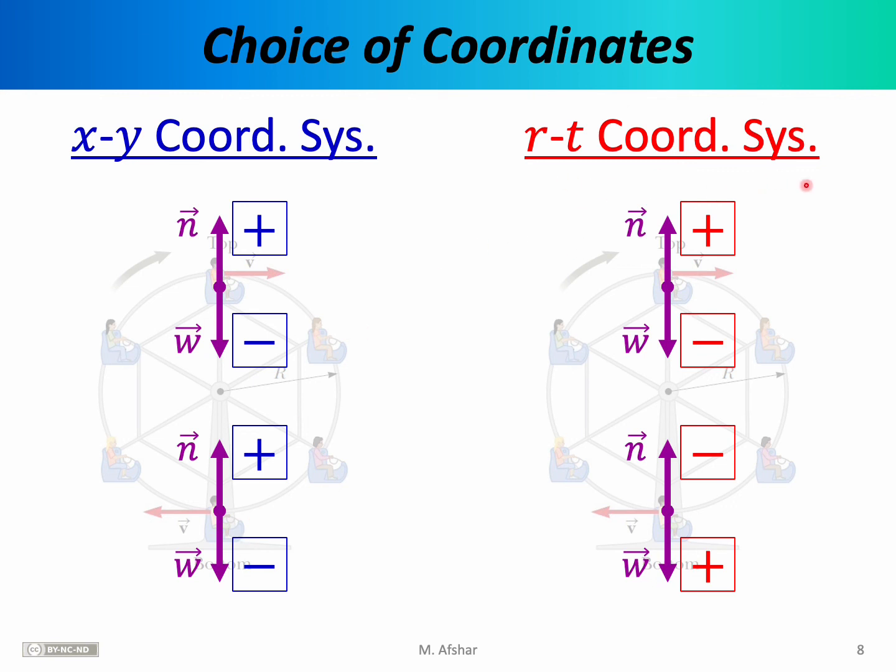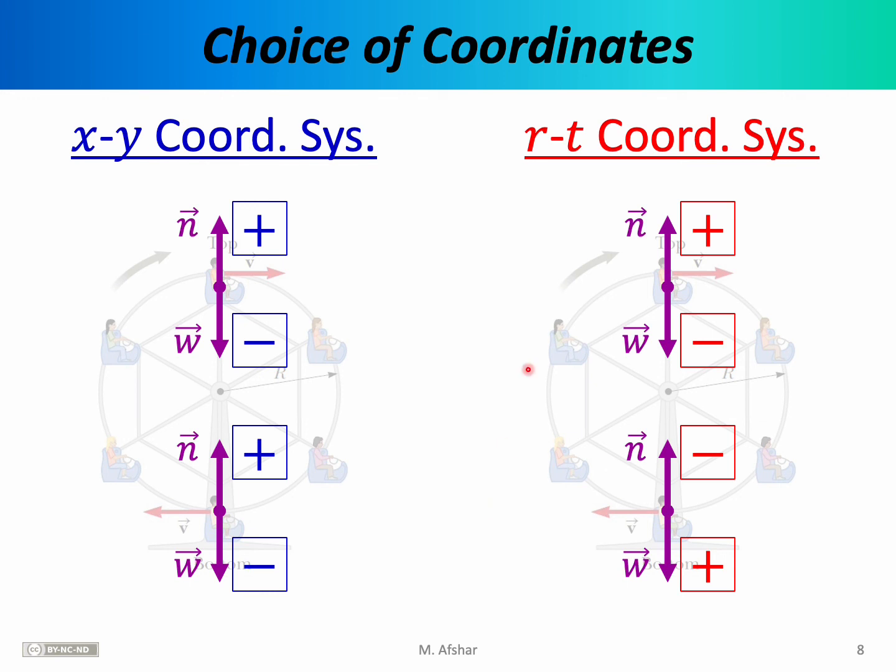The radial tangential coordinate system is a little more confusing. At the top, we would say the normal force is pointing in the positive direction because it's pointing away from the center, but at the bottom, the same force, the normal force, would be said to be a negative force because now it's pointing towards the center as opposed to away from the center. So using the RT coordinate system requires a little more care because what is positive and what is negative can change a little bit depending on which part of the circle you are using.